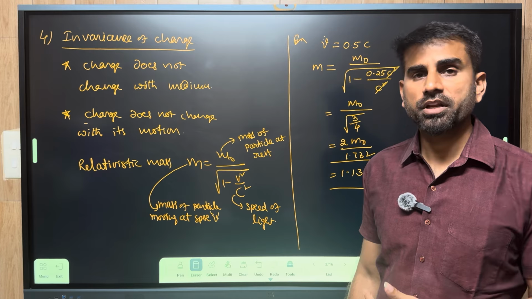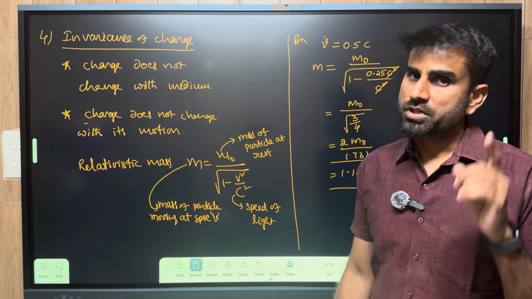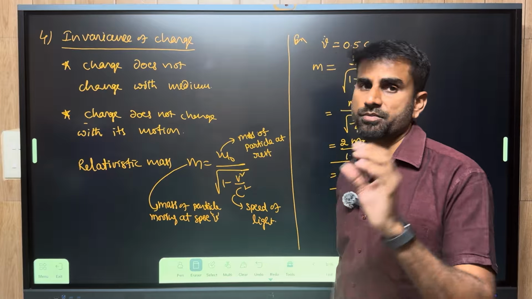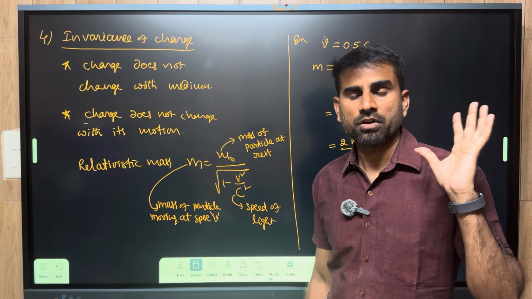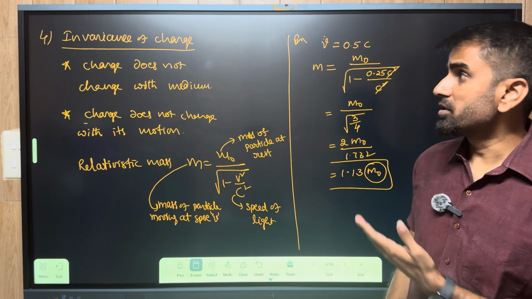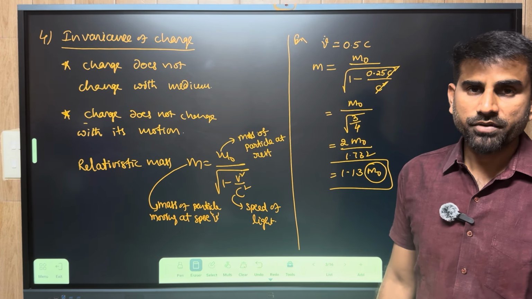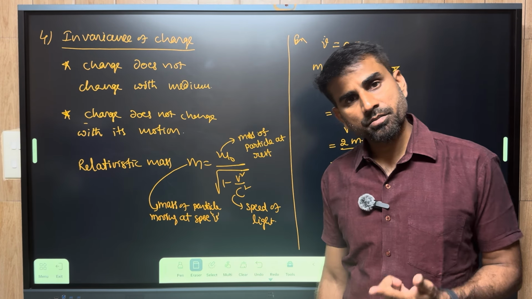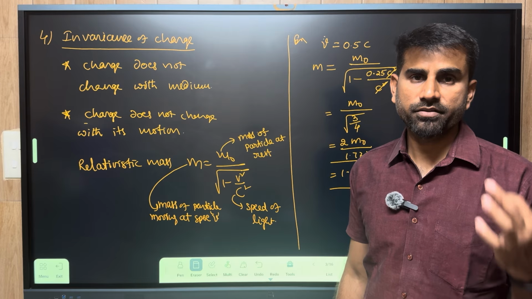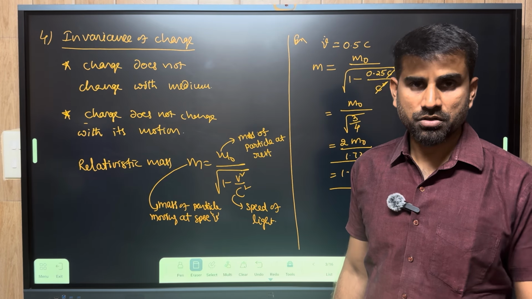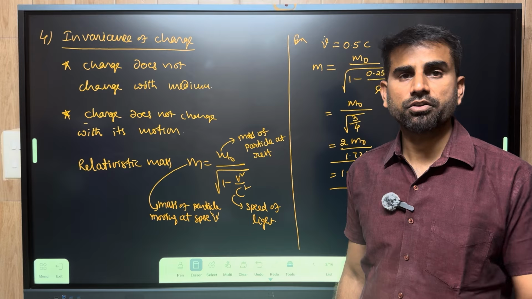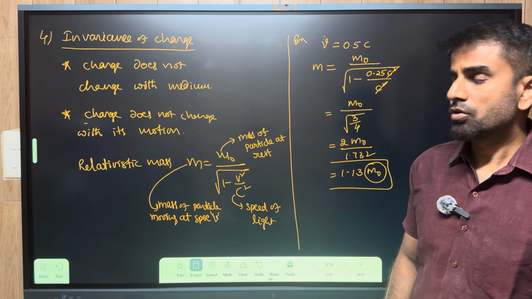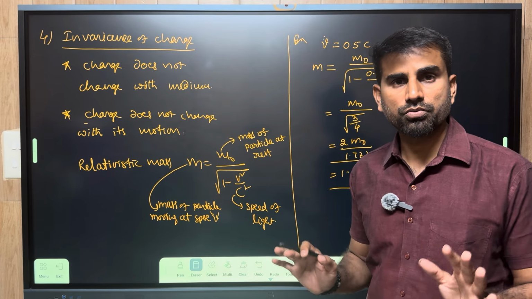Charge we cannot create, charge we cannot destroy, but charge can be transferred from one body to another. Total charge of an isolated system is constant. The fourth property is invariance of charge, which includes 2 points. One is that charge does not change with the medium, and the second is that charge does not change with its motion, even if it moves with the speed of light or more. Hope these points are clear to you.